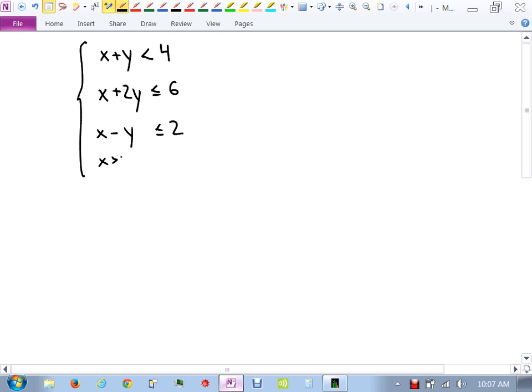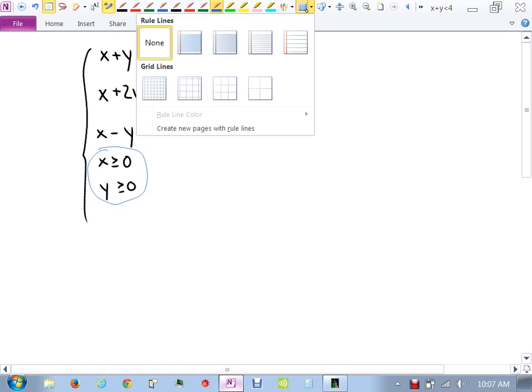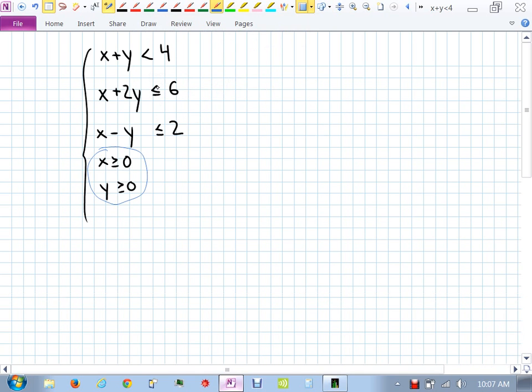Then x greater than or equal to 0, and y greater than or equal to 0. So remember the bottom two there, all that tells you is that you're in the first quadrant. And now we need to graph the rest of those. So I'm going to go ahead and try and graph them here right now.